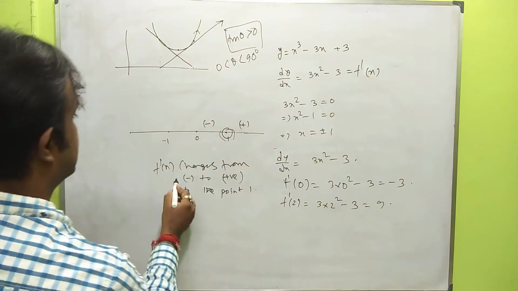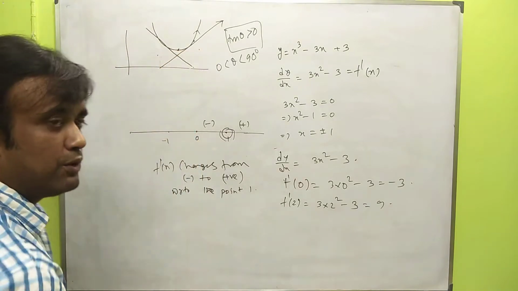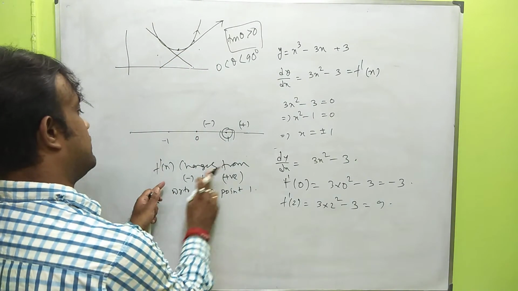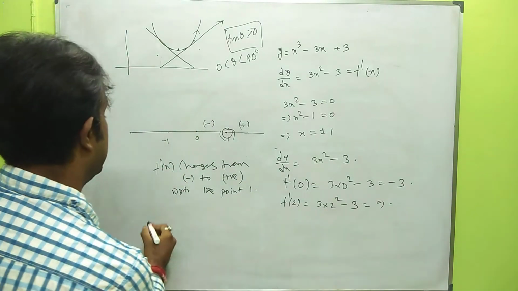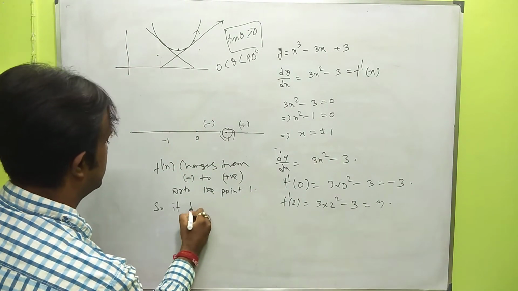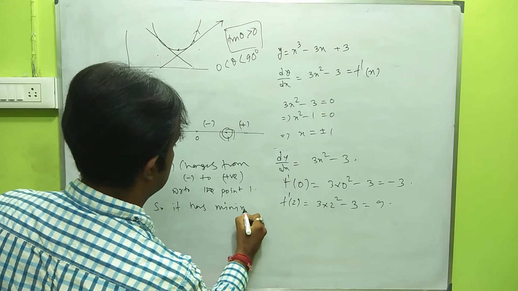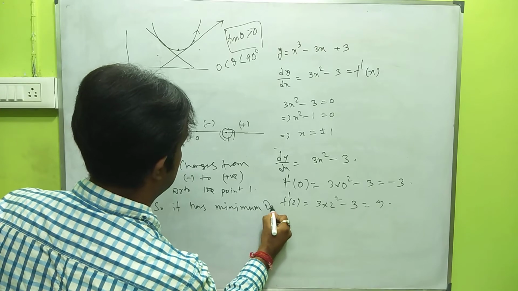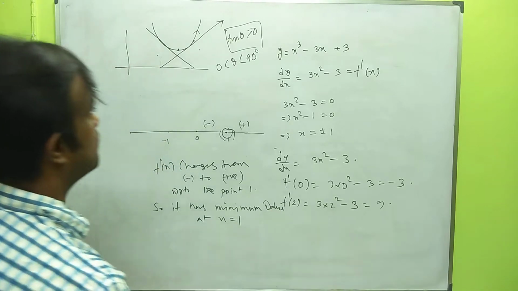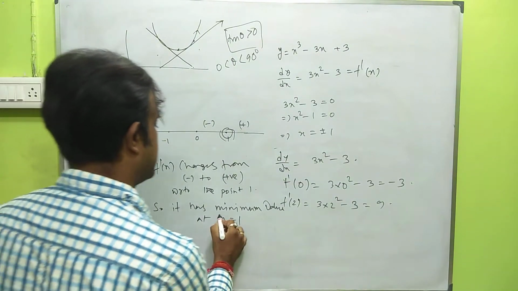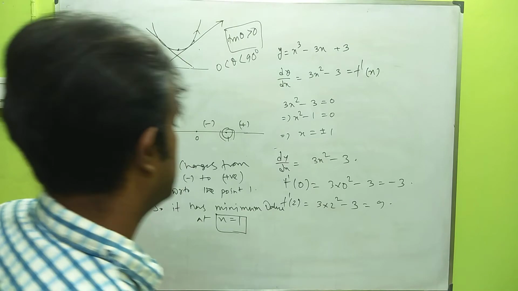So f'(x) changes from negative to positive for minimum value. As f'(x) changes from minus to positive with respect to the point 1, it has minimum value at x is equal to 1. That is, at x is equal to 1, f(x) attained its minimum value.